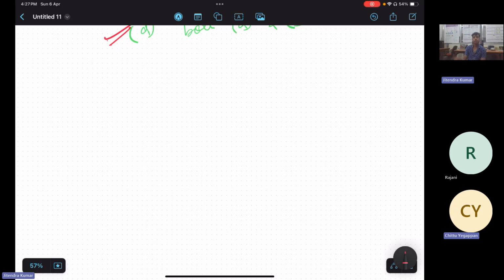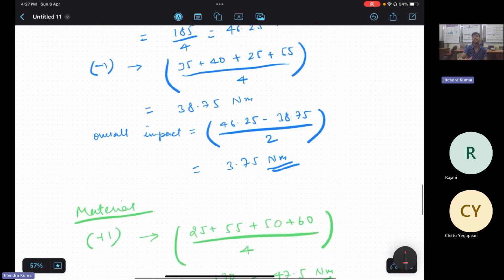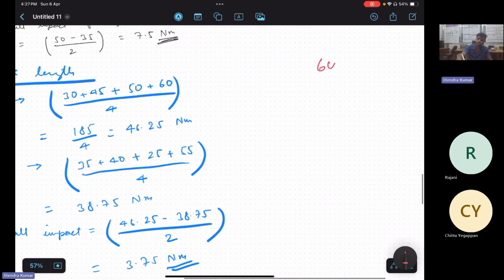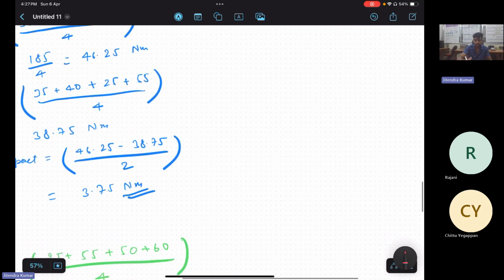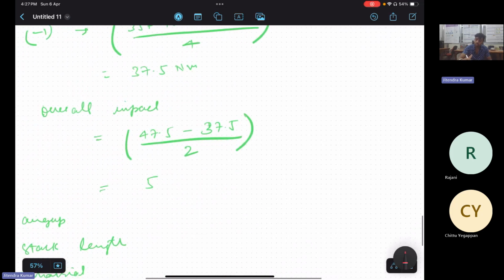So compared to material, air gap has more significance, sir. Exactly, air gap has the most significant impact here. But you see, from the table, the maximum torque is 60 Newton meter, and the difference is 5 Newton meter.